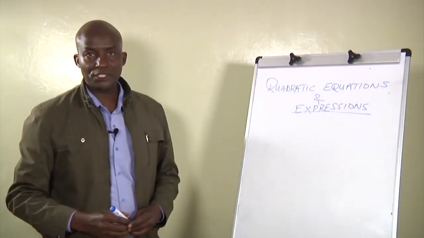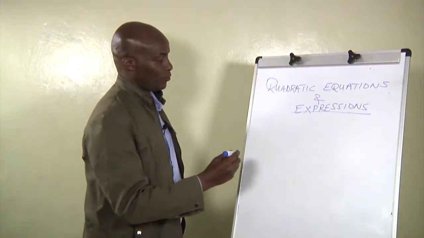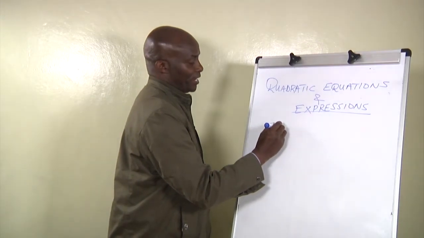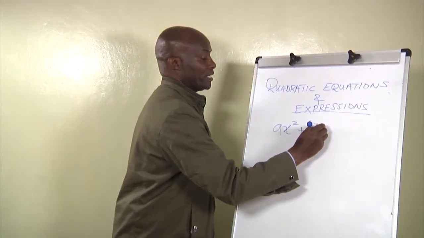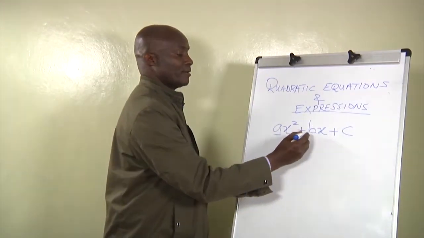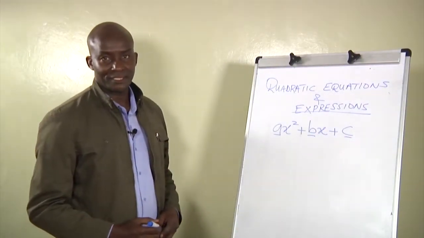So in dealing with this, you remember a quadratic expression is of the form ax squared plus bx plus c, where a, b, and c are constants.